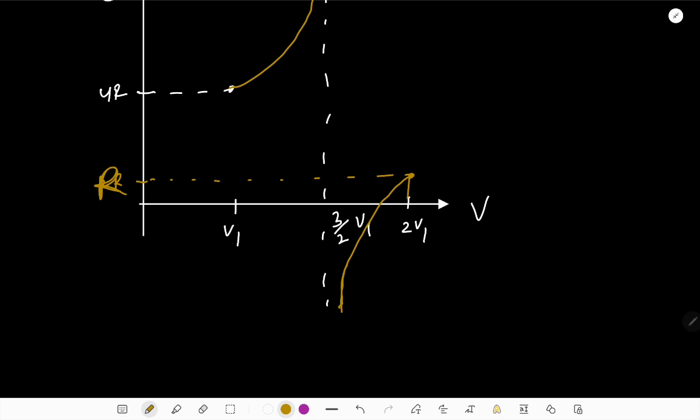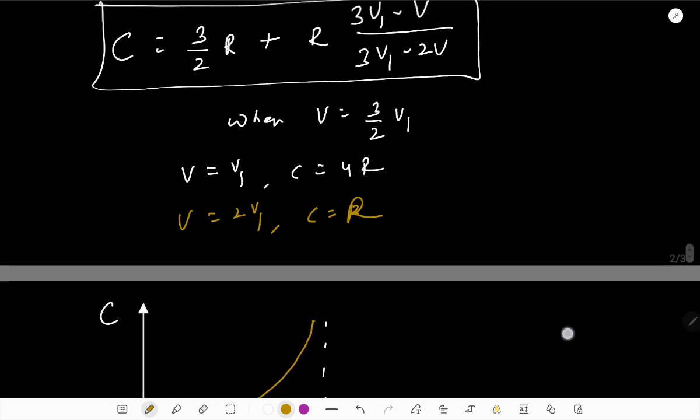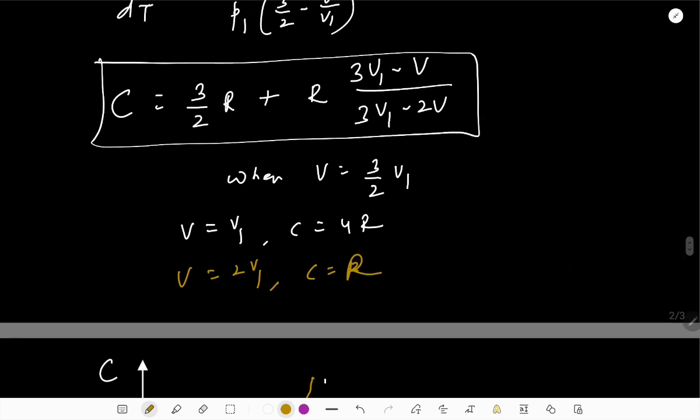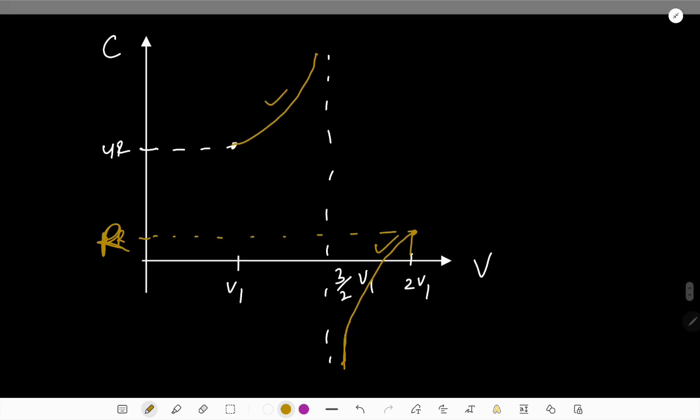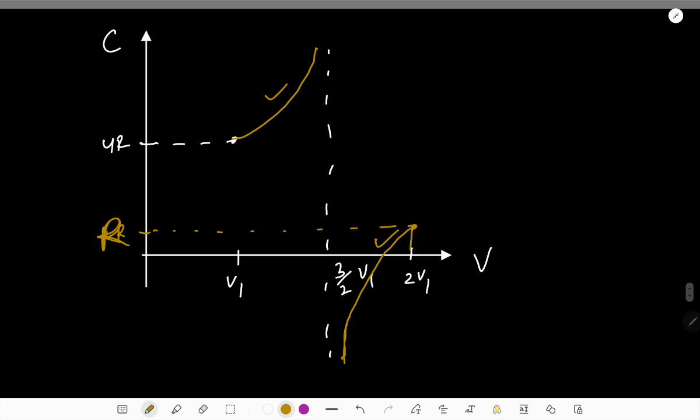But between 3 by 2 V1 and 2V1, you can see here by the expression that dC by dV is negative, not positive. So dC by dV is negative in this part, and dC by dV is positive in this part. So this is the graph on your screen, and you know how to draw such simple graphs. So this is it. Thank you very much for watching.